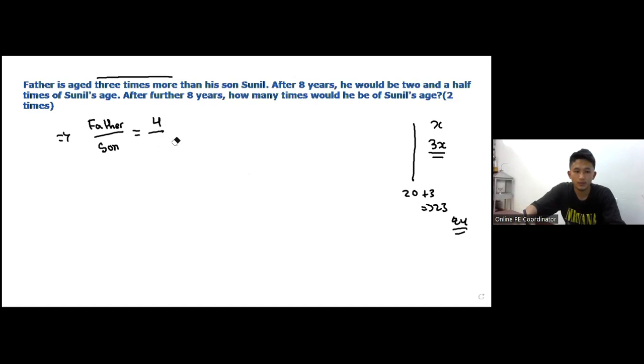I hope you have understood this. It is simple and you can solve this directly, whereas the long way you will not get the answer.